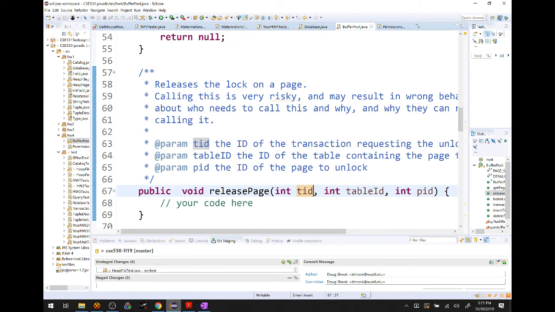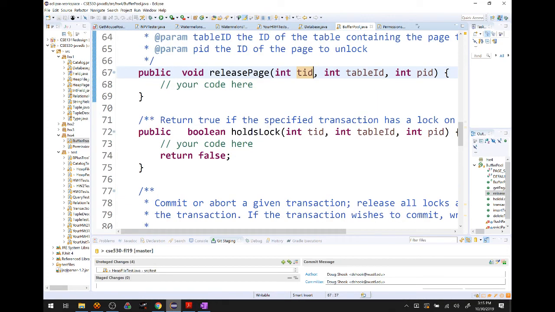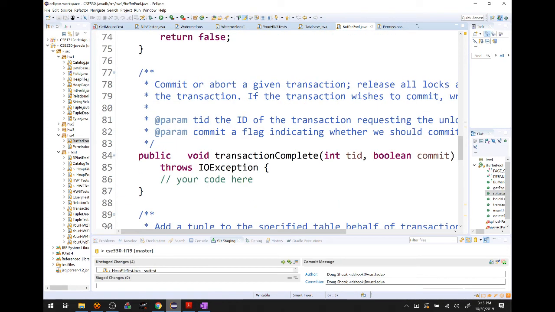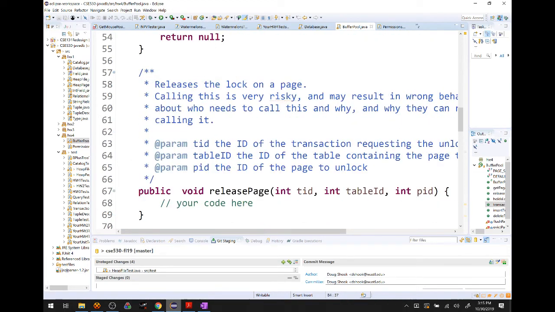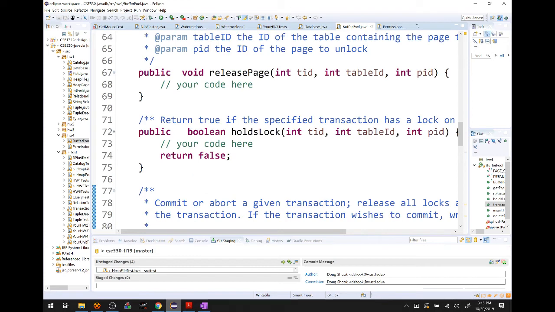But that should really only happen at a particular point in time, specifically when the transaction is complete. When the transaction is complete, I would expect that transaction to release all of its locks as part of the completion phase, as part of the commit phase of the transaction. So there's definitely some interaction there between a transaction completing and releasing the pages.